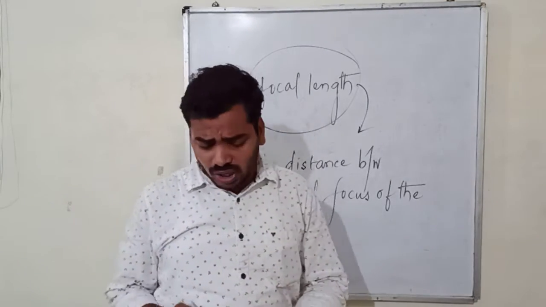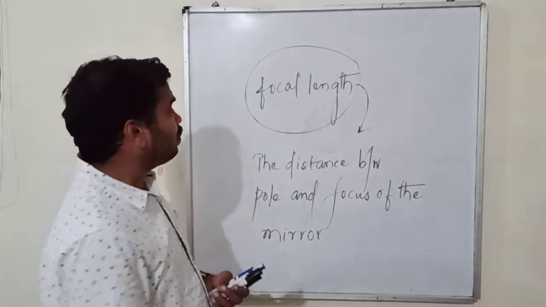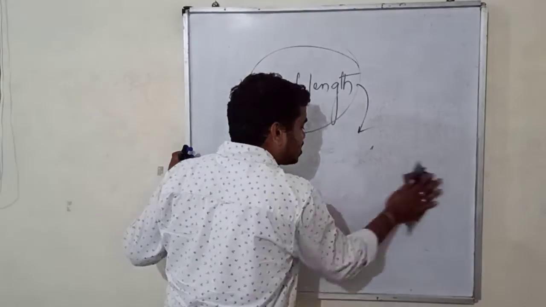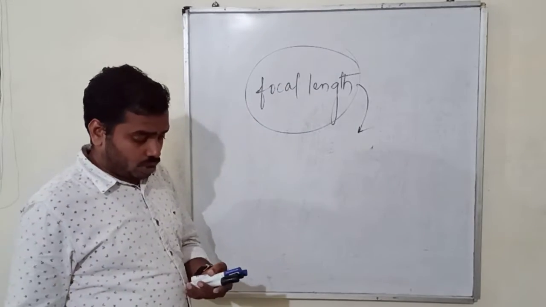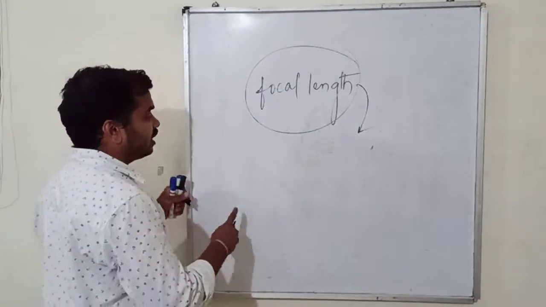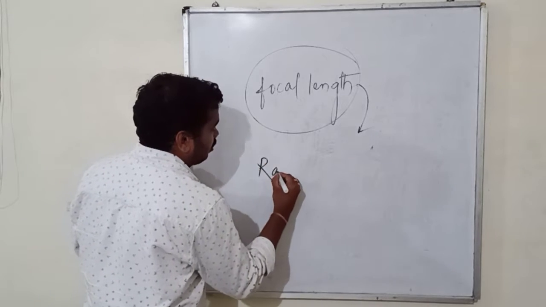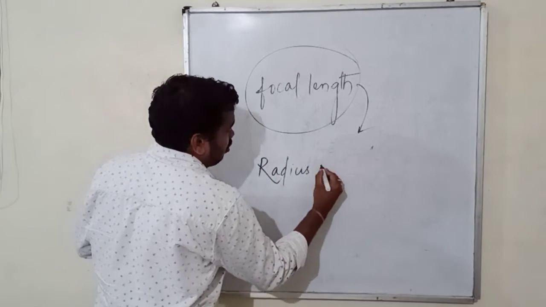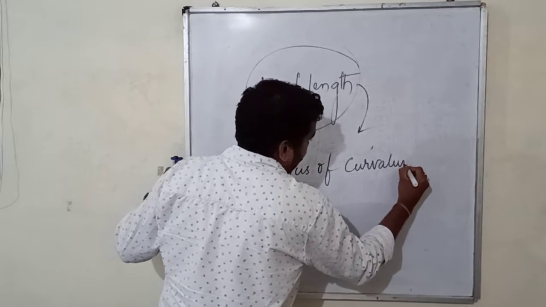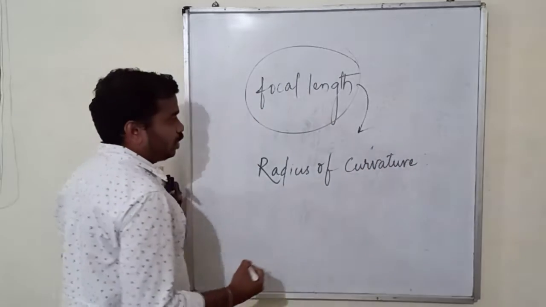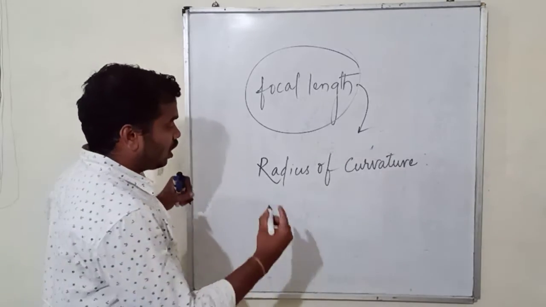So if you know the focal length, it would be half of the radius of curvature. Now you have encountered a new term, radius of curvature. What do you mean by radius of curvature?